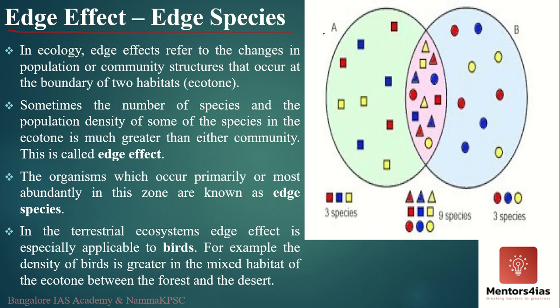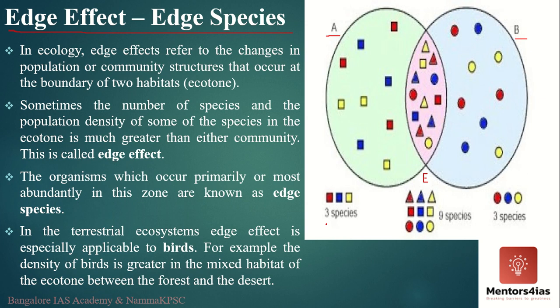So if you take this diagram on the right hand side over here, you should be able to see two ecosystems: ecosystem A, and on the other side ecosystem B. Now the intersection between ecosystem A and ecosystem B, which is shaded in pink, is referred to as an ecotone. Obviously that is what we have discussed until now. So this intersection between ecosystem A and ecosystem B is an ecotone.